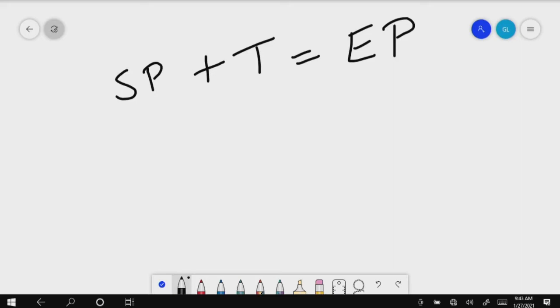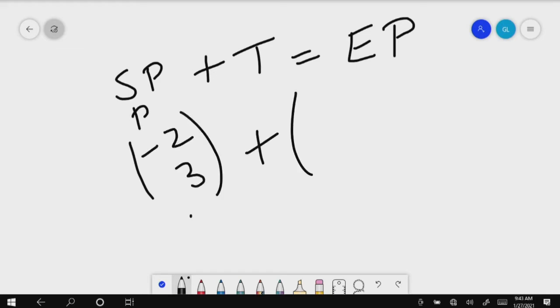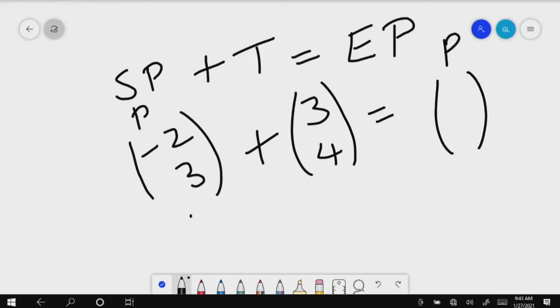Now, in substitution, they give us point P, which is (-2, 3). They want us to find the endpoint given the translation vector (3, 4). So really, what they're asking us to find is the image point, and they mention it, the image of a point.